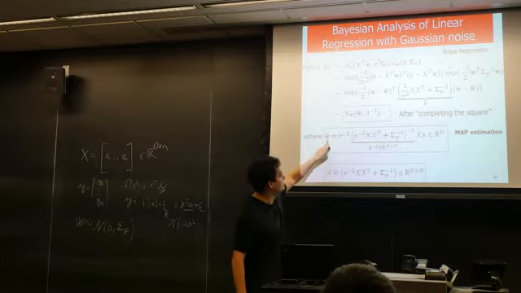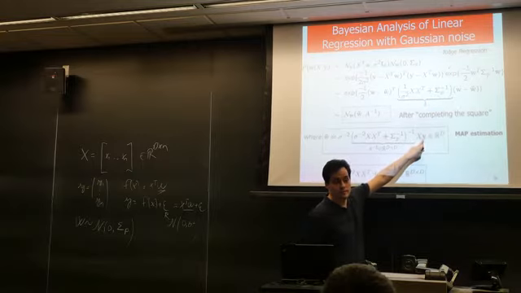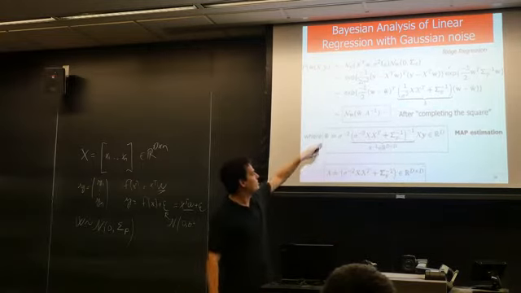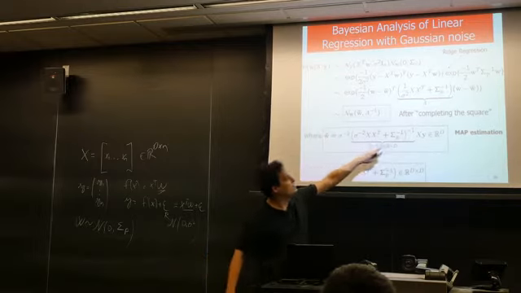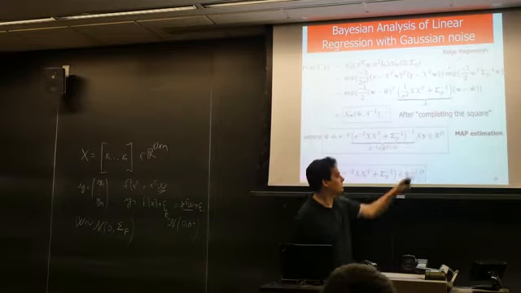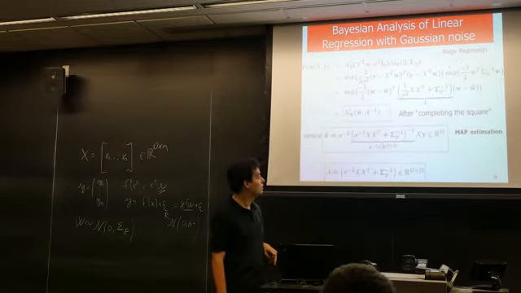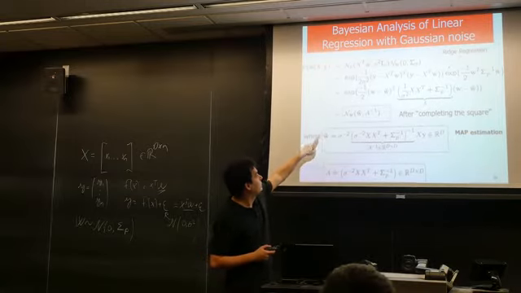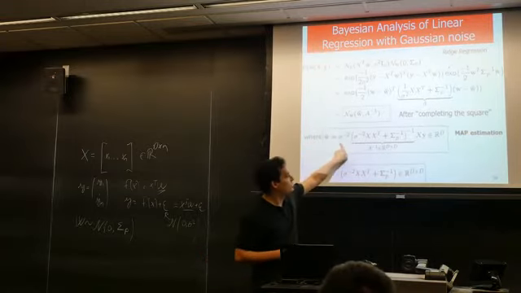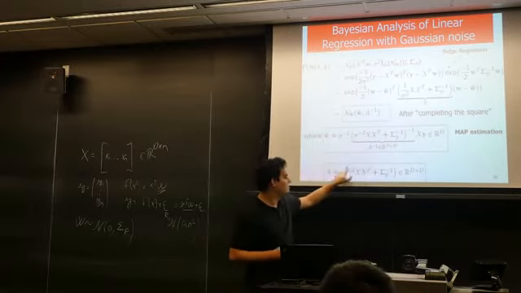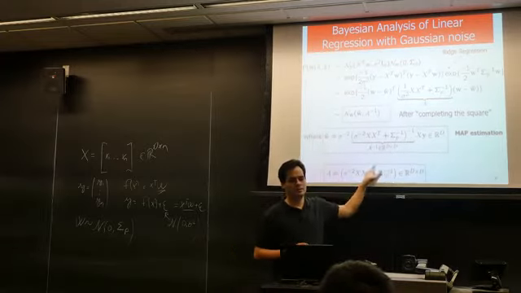And as you see, it depends on Y. So when we observe data and we update the parameters for W, that should depend on the Y's. And of course, it depends on our observed X as well. Okay, so the bottom line, important to know, is that in the posterior distribution, this will be the new mean, and this will be the new variance.